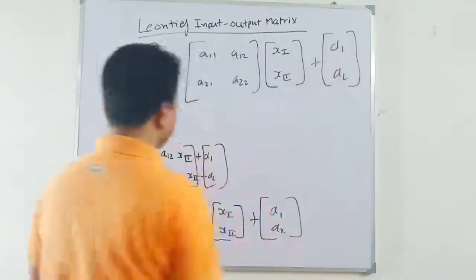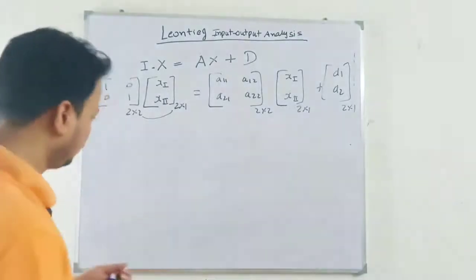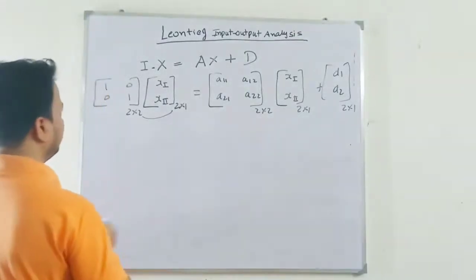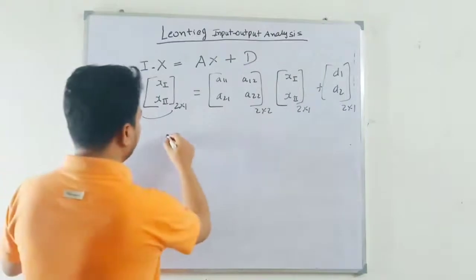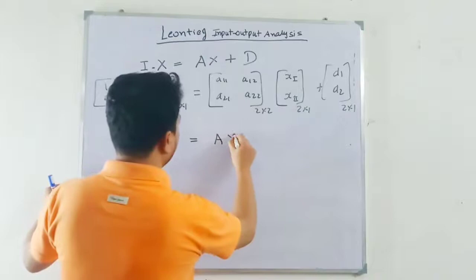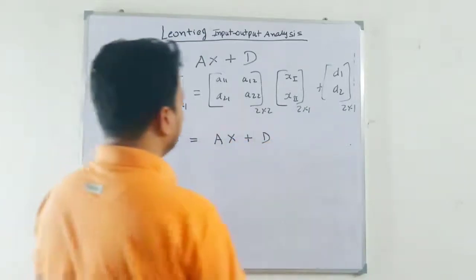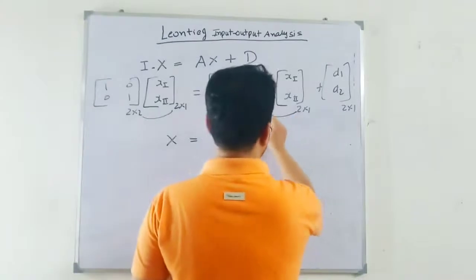So now X equal AX plus D. So this is 2 by 2 and the order will be 2 by 1.